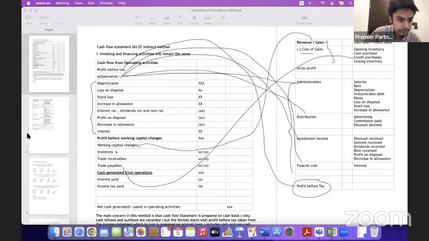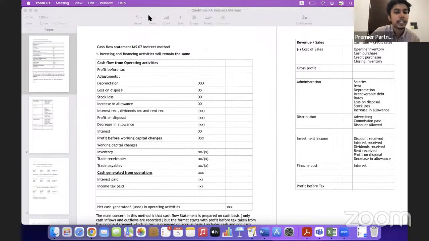And guys, one more thing, just remember, how does working capital changes work? Usually, guys, it works like this. If it's a current asset, like inventory and trade receivable, if it is increasing, you should minus. If it is reducing, you should add. That's how the working capital changes work.